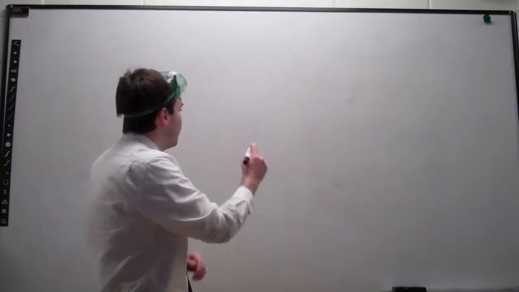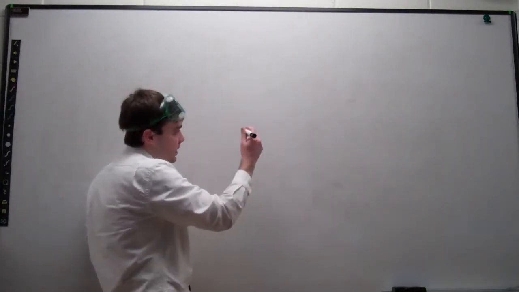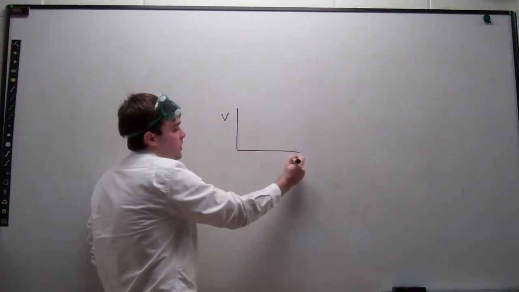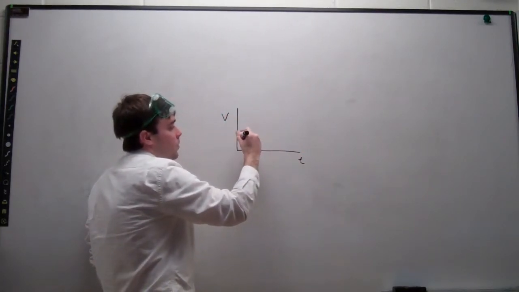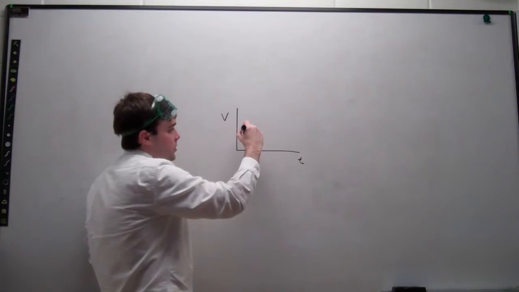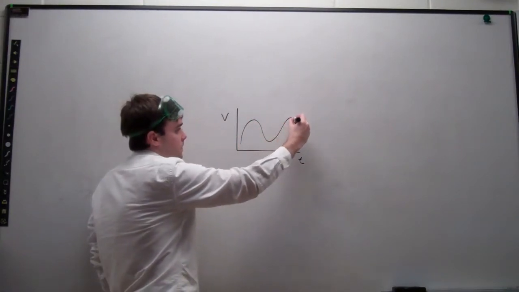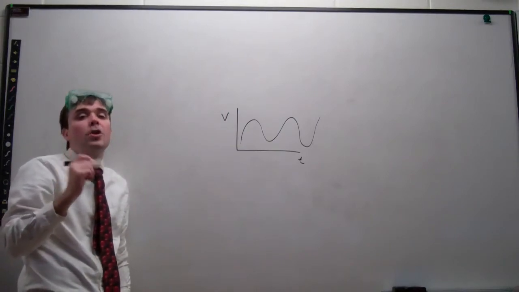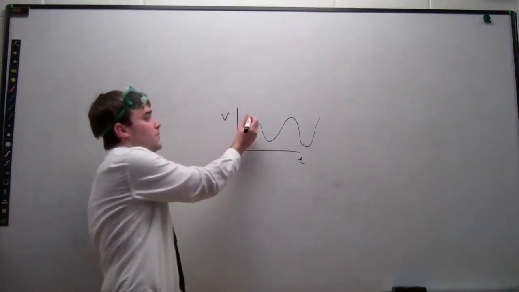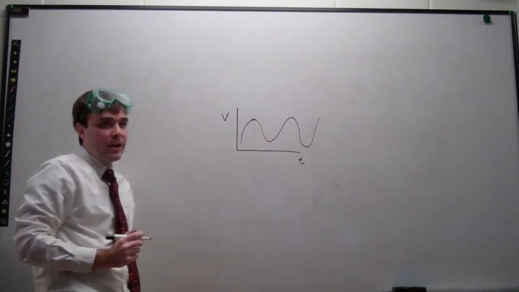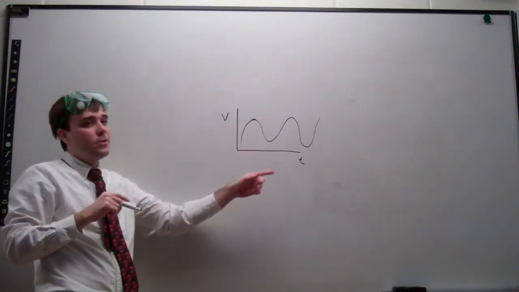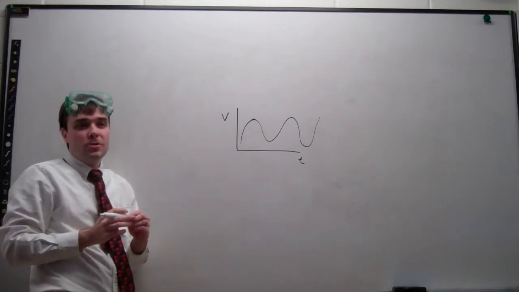The next equation involves AC current, just like the current we get out of the wall outlet. We have voltage and time here. When you have an AC circuit, the voltage kind of goes like this. It alternates between high and low voltage. The max voltage would be the highest the voltage ever gets. But because it's going between two values, it's not the most useful voltage.